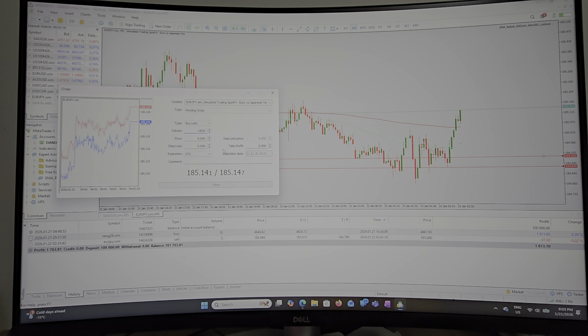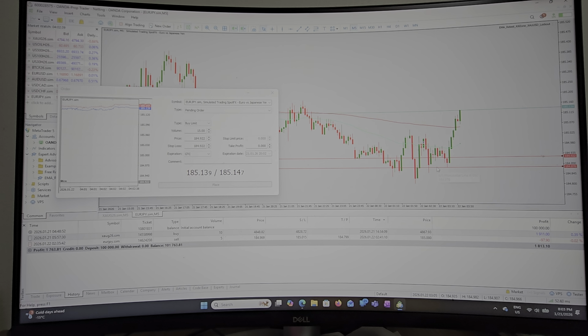Let's go 15 for the volume, and the entry price is at 184,922. And we want our stop loss to be somewhere here, which is 184,890. There we go.